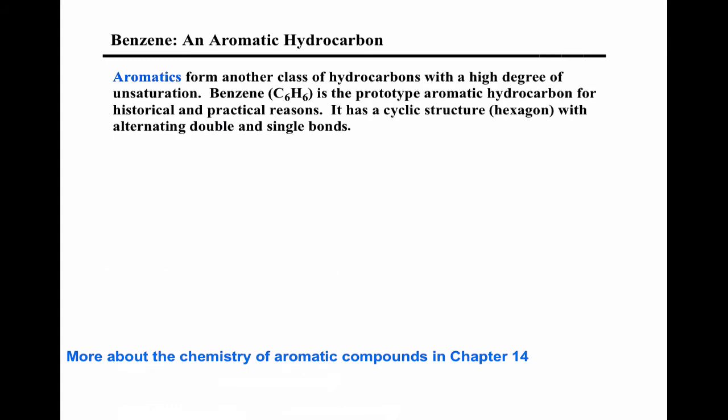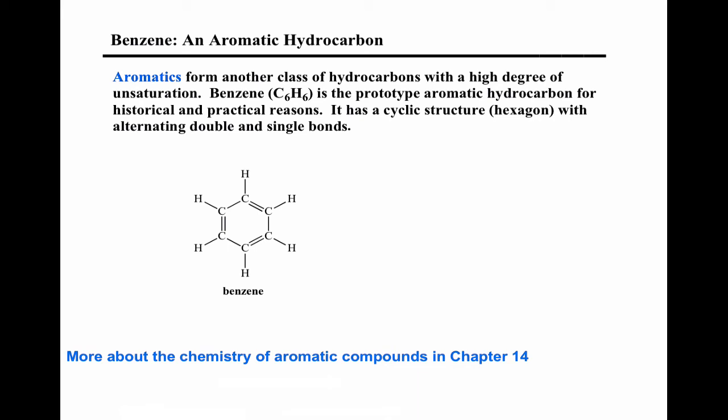Benzene, we'll talk briefly about it. It is an aromatic molecule, okay? Benzene is the simplest, or the most common, I should say. It's actually not the simplest aromatic hydrocarbon, but it's C6H6. It looks like this. If you didn't know it was benzene, does it look like an alkyne, an alkane, or an alkene?